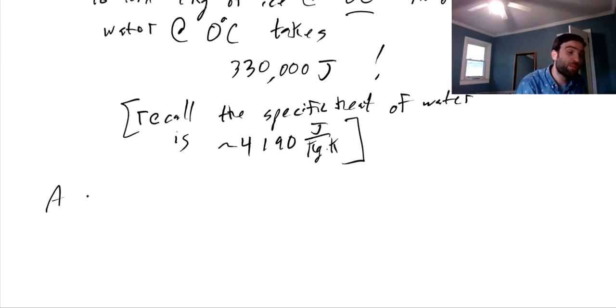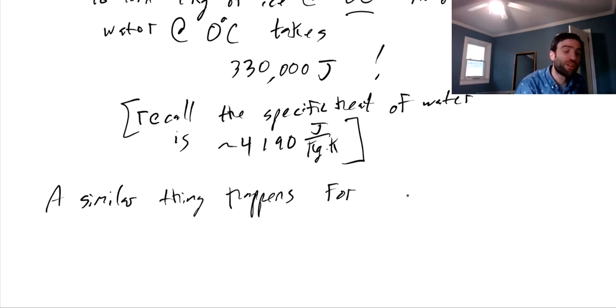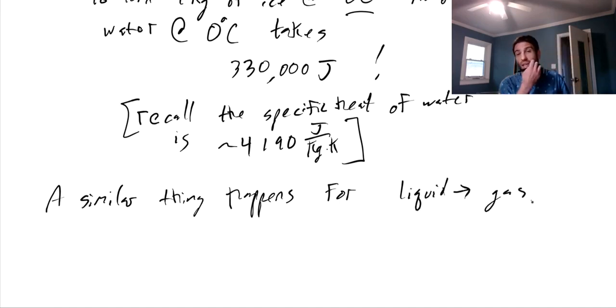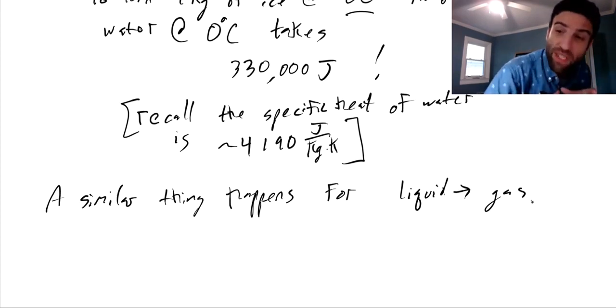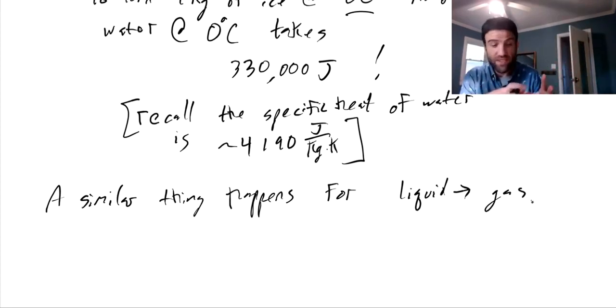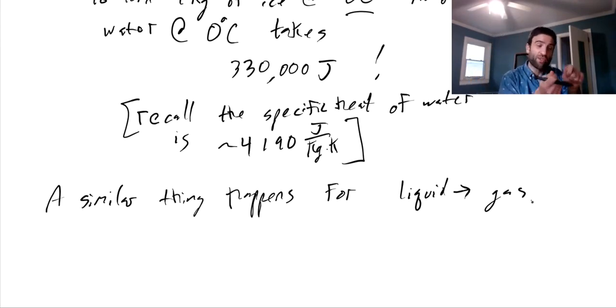And actually, a similar thing happens for turning a liquid into a gas. So it turns out it's even harder to separate water molecules than it is to break ice bonds and turn them into liquid bonds.